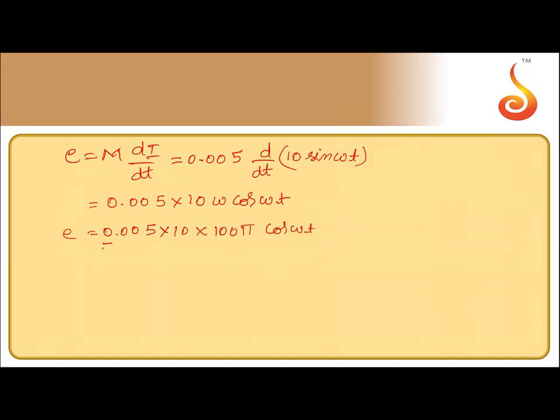This is what E is. So, maximum value of E is this much. Cos omega t maximum value is 1. So, E maximum is equal to, see, this is 10 into 100, 10 power 3. So, this point number becomes a whole number. So, it will become 5 pi.